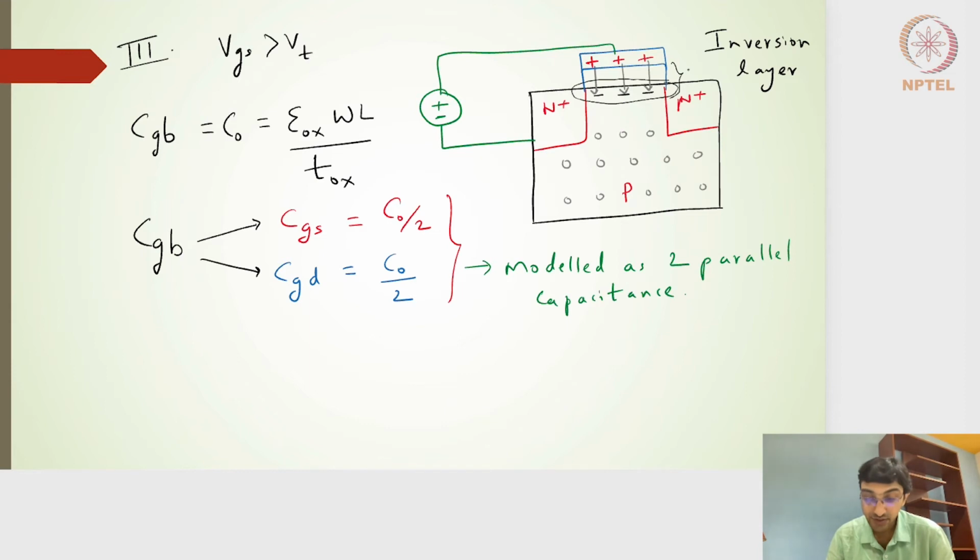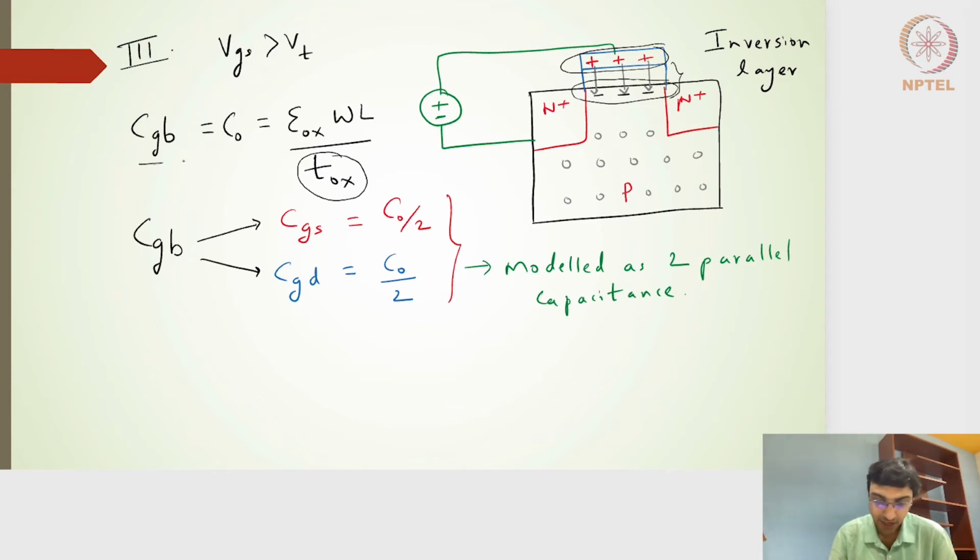Again, the thickness of the oxide will determine the distance between the parallel plate capacitor. The reason is that the channel is formed very, very close to the interface, so the distance between the two parallel plates, the gate and the channel that is being formed, is nothing but the T oxide.